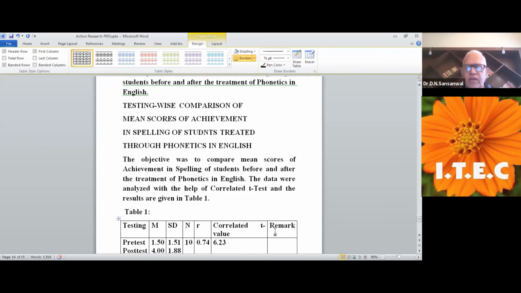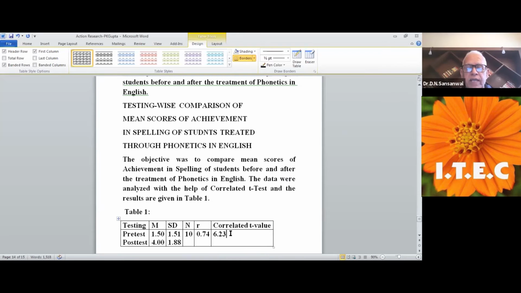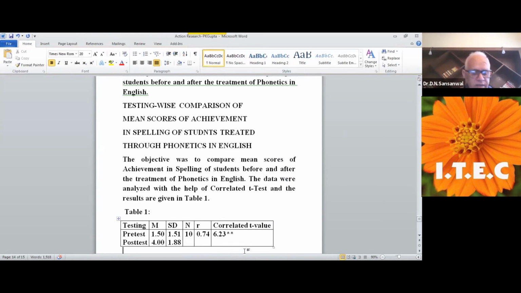So if you do not want to have this column, then you can put the double star because it is significant at 0.01 level. And below this, you put the double star and say significant at 0.01 level.